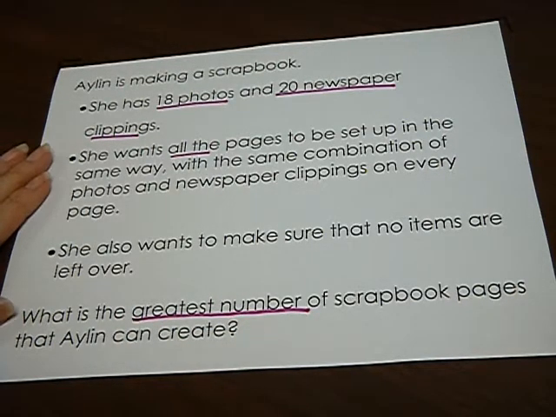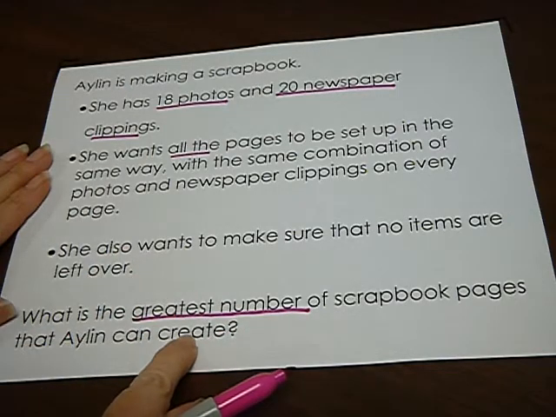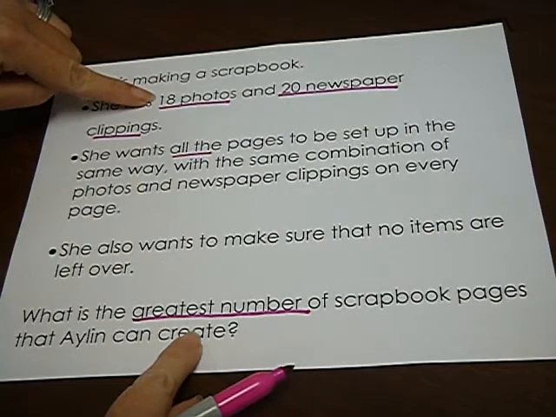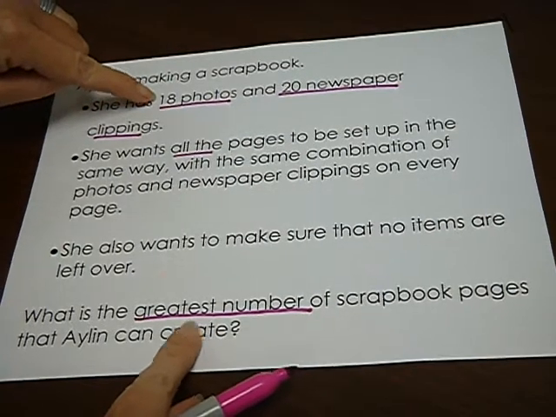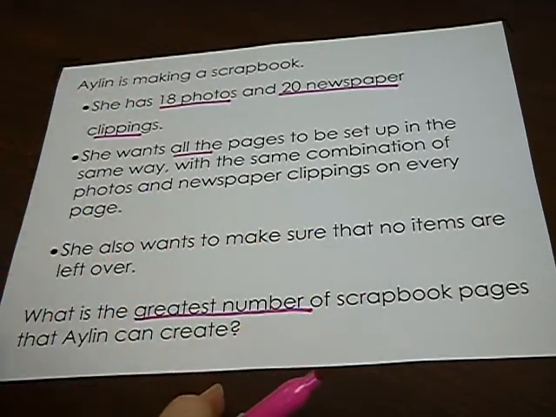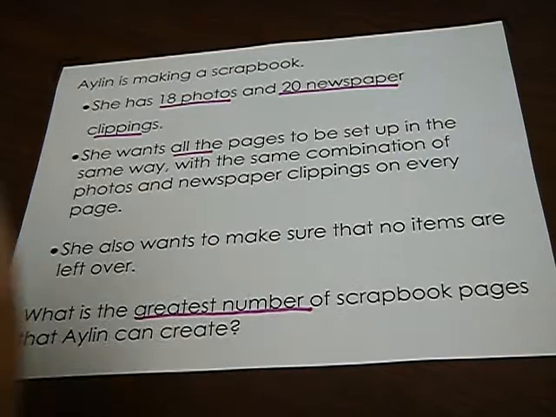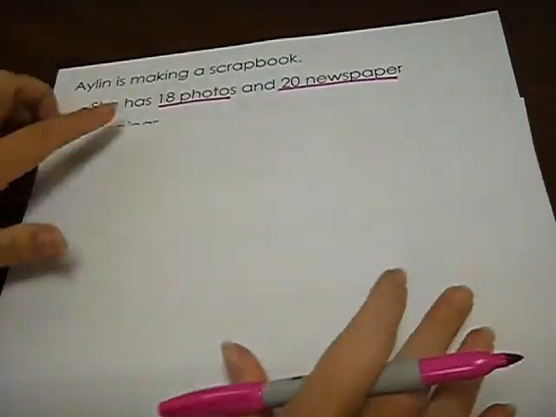Well, I see my clue words here that they're asking for the greatest number that she can make, and I see that she's taking a bunch of newspaper clippings and photos and putting them into separate pages, which is dividing. So this is a problem I'm going to do t-charts for. So I need to make a t-chart for 18 and 20.